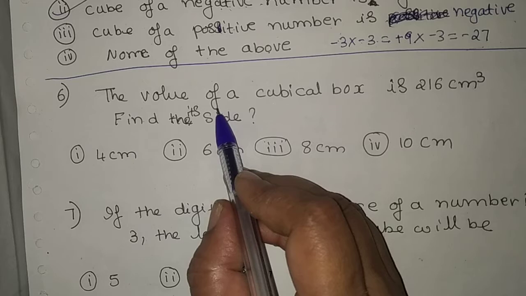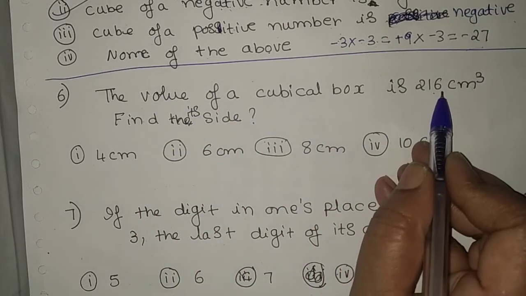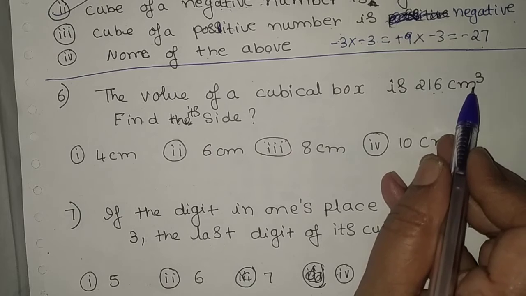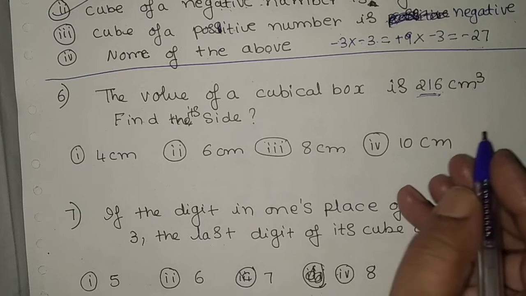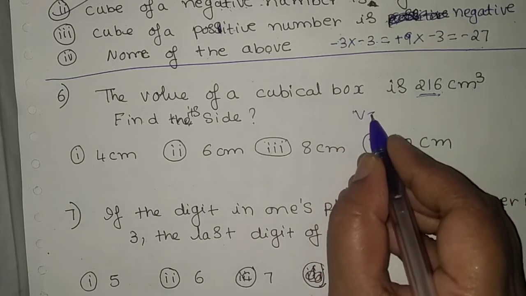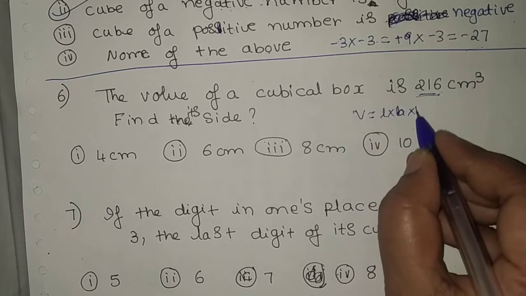So now here the value of a cubical box is 216 centimeter cube. Find its side. So here 216 is given. The volume formula is length into breadth into height.